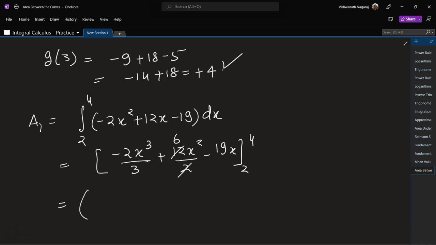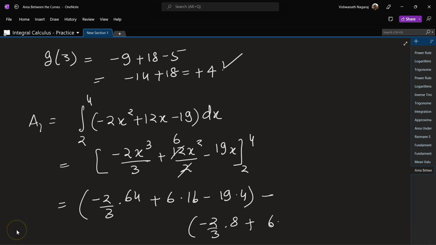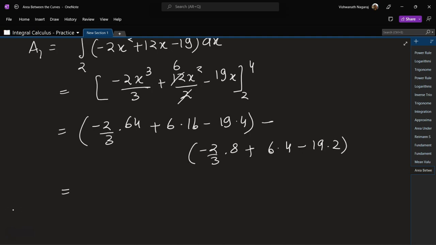And now let's do the substitutions. Minus 2 by 3 times 4 cubed, which is 64, plus 6 times 4 squared, which is 16, minus 19 times 4, minus, and we have to substitute 2. So minus 2 by 3 times 2 cube, which is 8, plus 6 times 4 minus 19 times 2. Now if we evaluate all these, what we get is minus 10 by 3. I will leave it up to you.